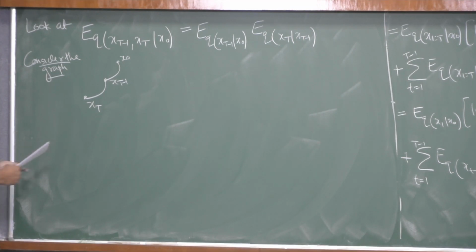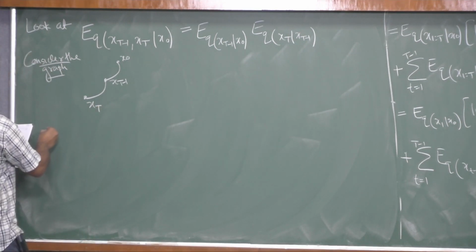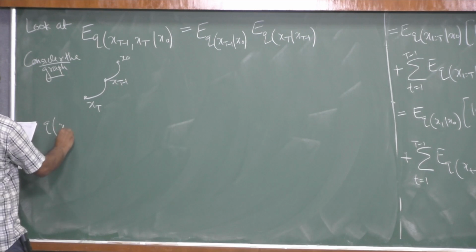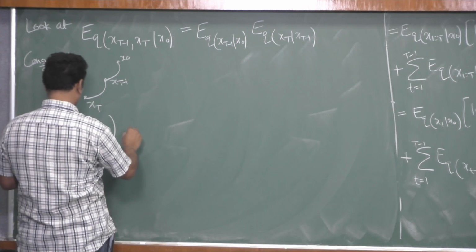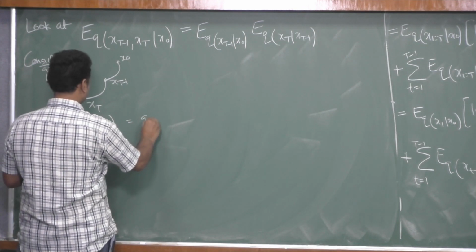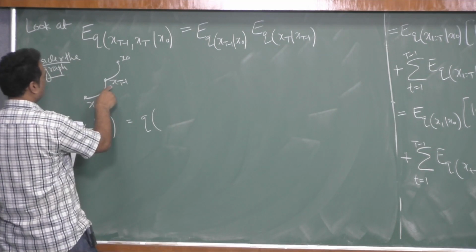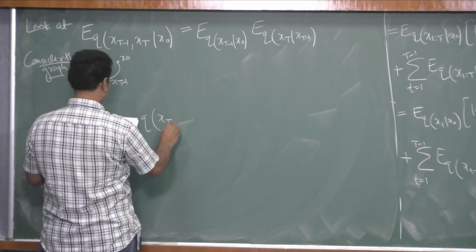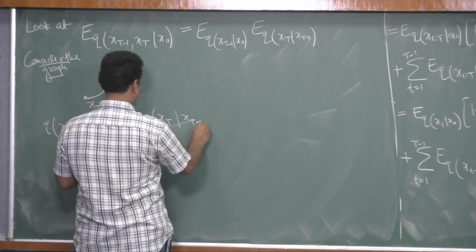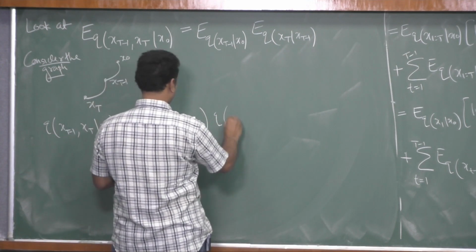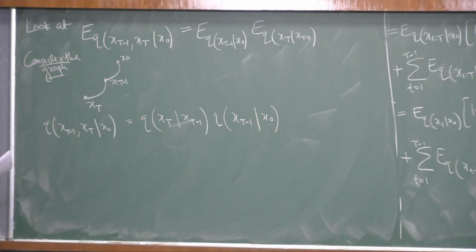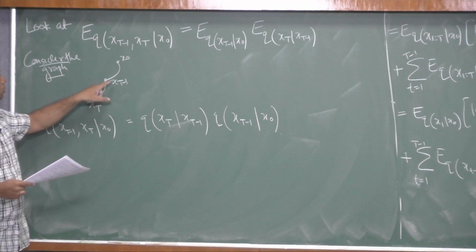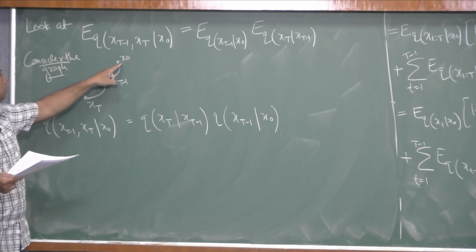If we compute the joint distribution for this, we can write it as q of xt given xt minus 1, because xt can only depend on xt minus 1, and xt minus 1 can at best depend on x naught.